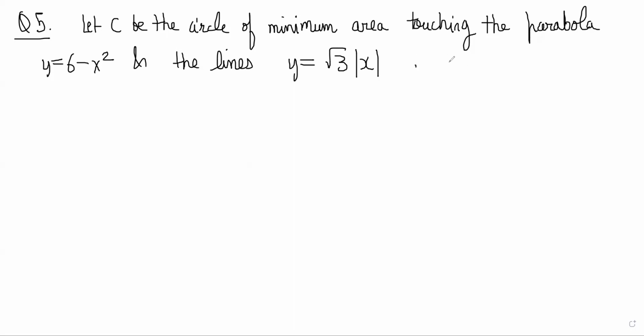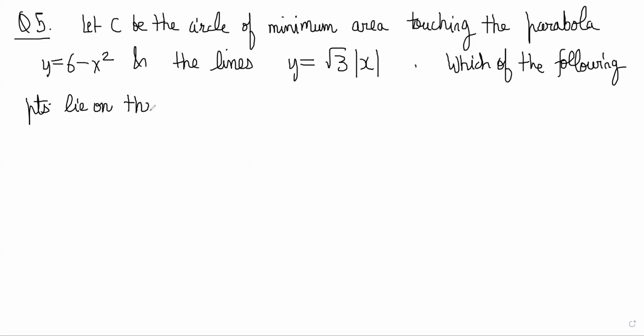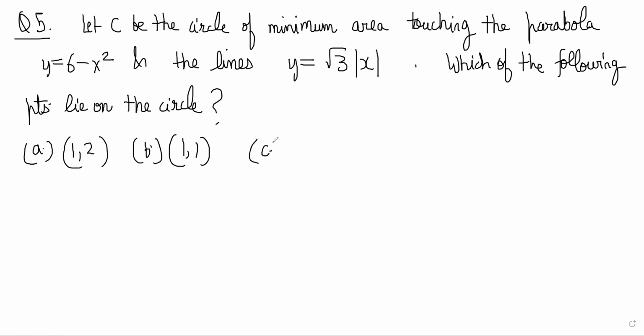Then which of the following points lie on the circle? And the options given to us are: A is 1 comma 2, B is 1 comma 1, C is 2 comma 2, and D is 2 comma 4.